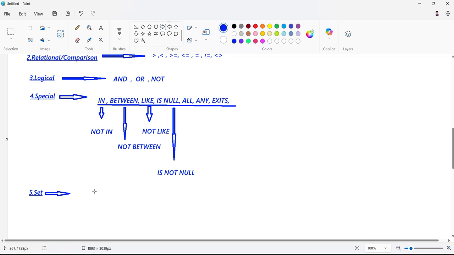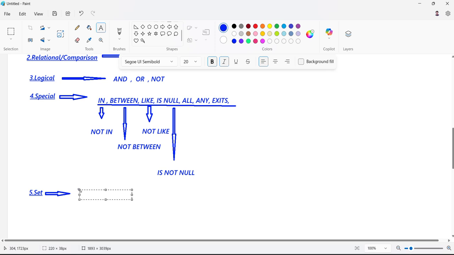In the set operator category, the components are union, union all, then intersection, then minus.